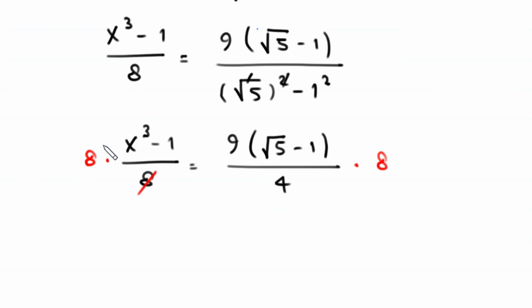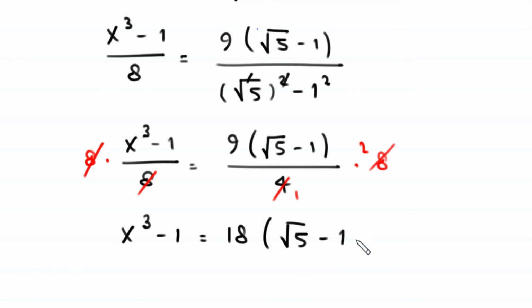So this 8 will be cancelled out and 4 one time, 4 two times. So the equation will become x cubed minus 1 equal to 2 times 9 is 18 times root 5 minus 1. Further simplify, this will become x cubed minus 1 equal to 18 times root 5 minus 18.